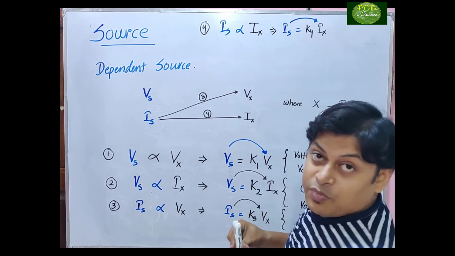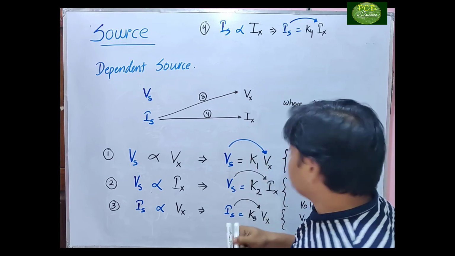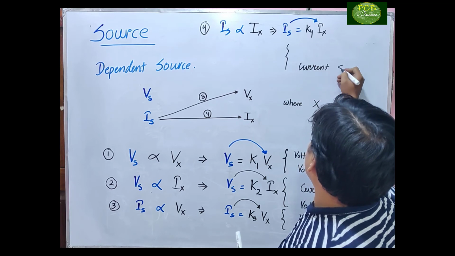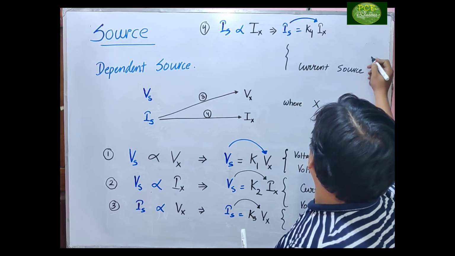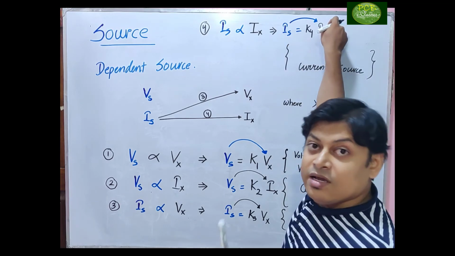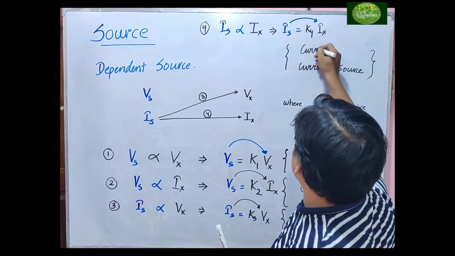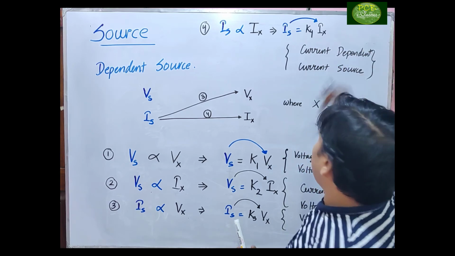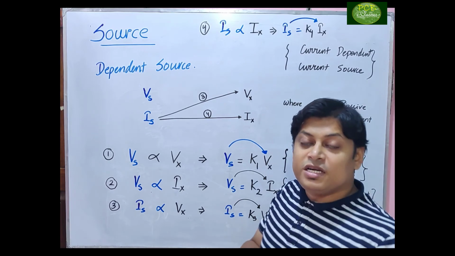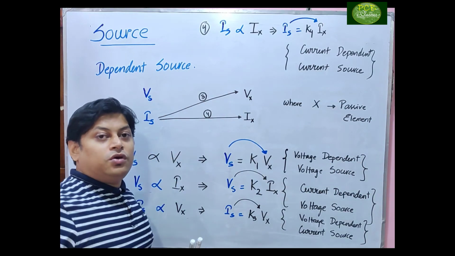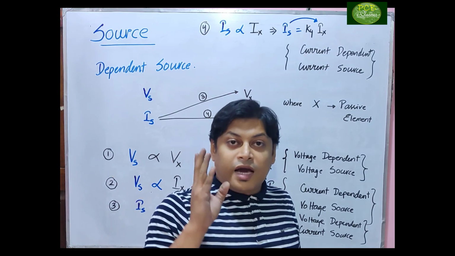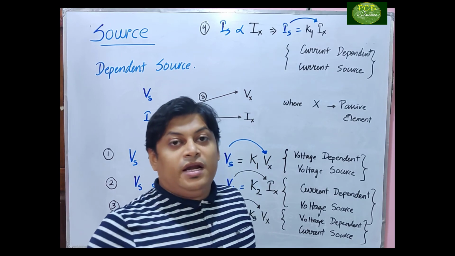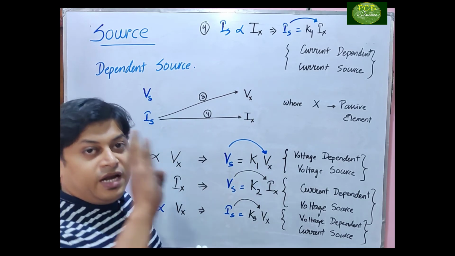That means what type of source? Voltage source or current source? Current source. So I'll write this one as current source. On what is it depending? Current. So I'll write this one as current dependent current source. So how many types of dependent source have we got? We have 4 types. Voltage dependent voltage source, current dependent voltage source, voltage dependent current source, current dependent current source. 4 types of dependent sources are there.